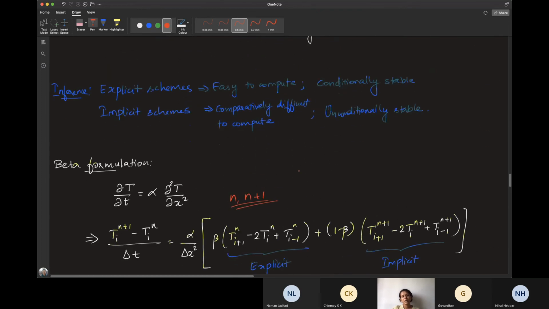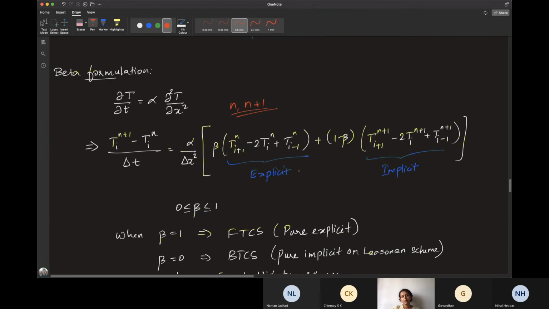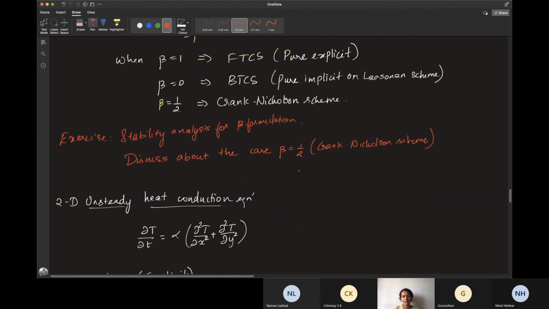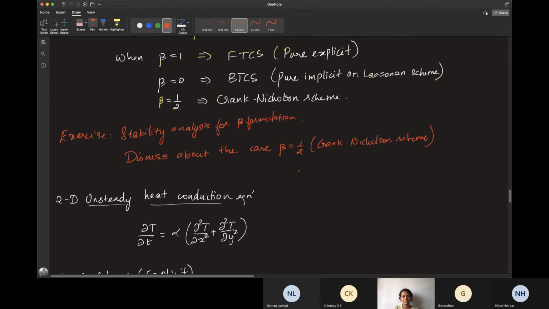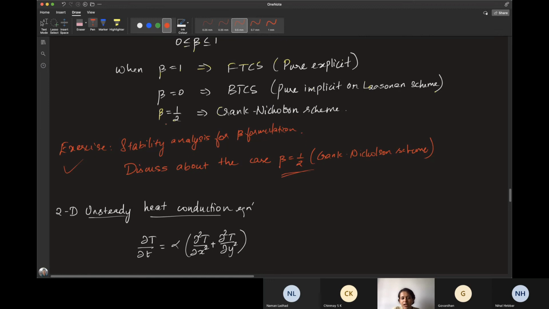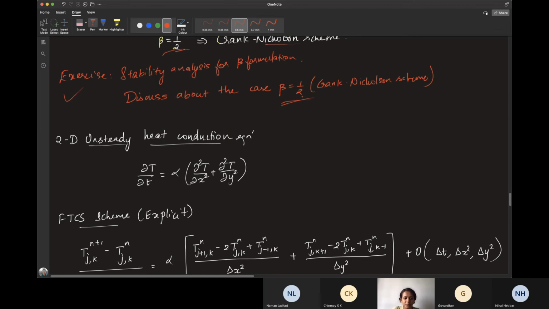In this case, you may have both the terms, and you'll have to analyze both of them separately or together, depending on how it looks like. So you attempt the stability analysis for beta formulation as an exercise, and you also discuss the special case when beta equals half, that is Crank-Nicholson scheme.